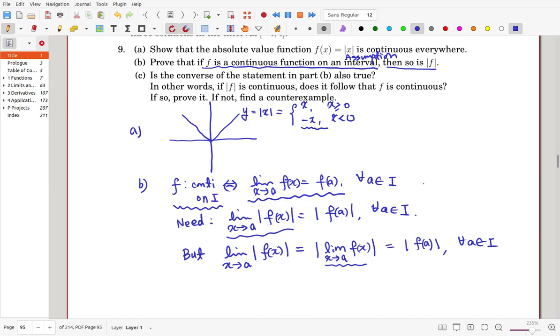That is the assumption, basically, and what you need is that one. So by using the assumption and by using the fact that the absolute value function is continuous, we can prove the required one. So we finished part B. So you can do the remainder part yourself. Thank you.